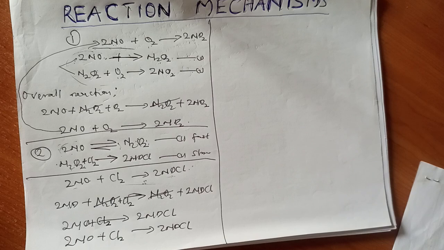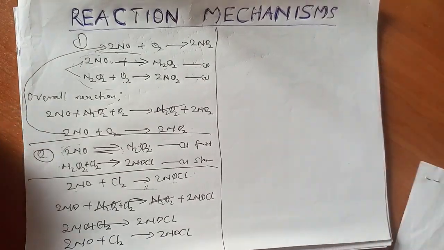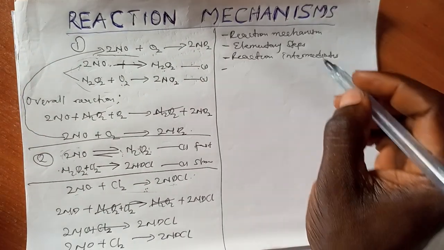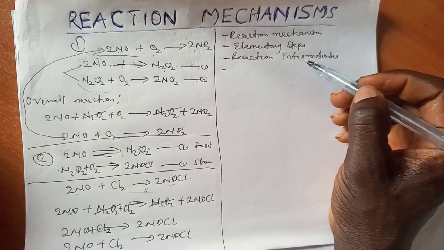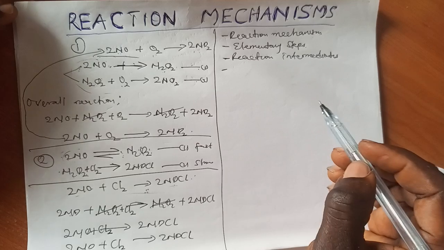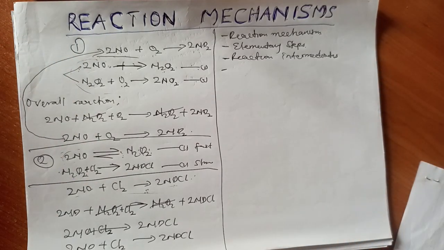Okay, I want to talk about the reaction intermediate. Remember, I've explained this. Let's go back to my example. How do you identify the intermediate of the reaction, or the reaction intermediate?